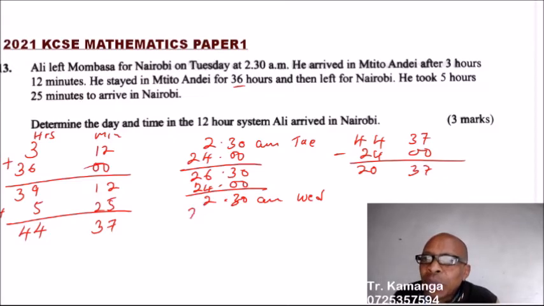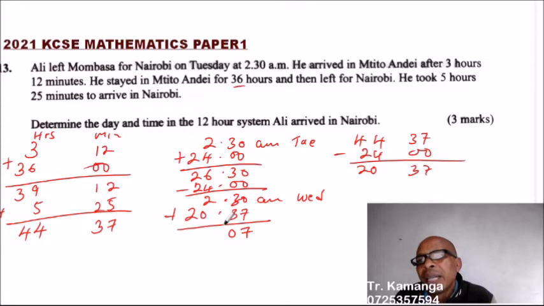So you add 20 hours and 37 minutes to 2:30. This will give you 7, 0 carry 1. Here we are adding. Then 2 plus 1 is 3, and we have 23:07.